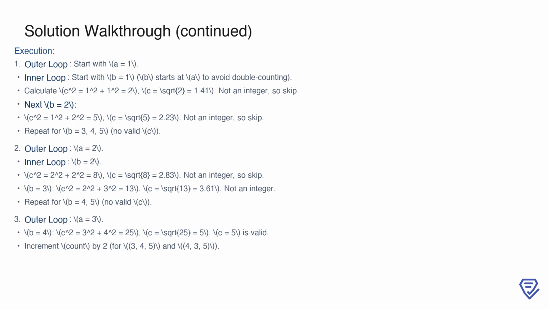Now, we move to a equals 2. When b equals 2, c squared equals 2 squared plus 2 squared equals 8, and c equals sqrt 8 equals 2.83, which is not an integer. Similarly, for b equals 3, 4, 5, no valid c is found.